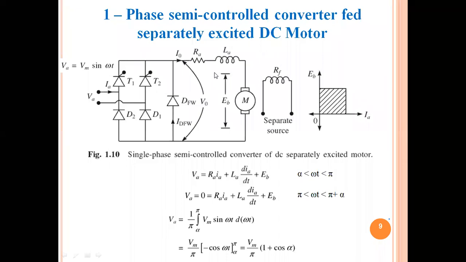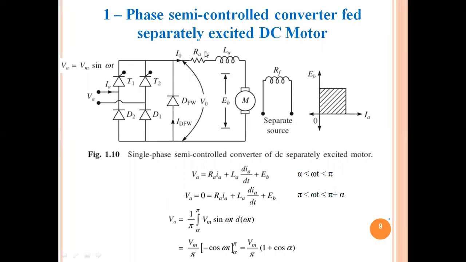In the half wave converter, the thyristor will operate for only one half cycle, either the positive half cycle for the positive connection or the negative half cycle for the negative connection. Only for the half cycle. That is the reason why it is called half wave.